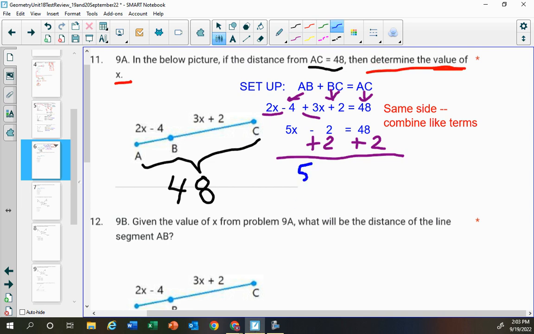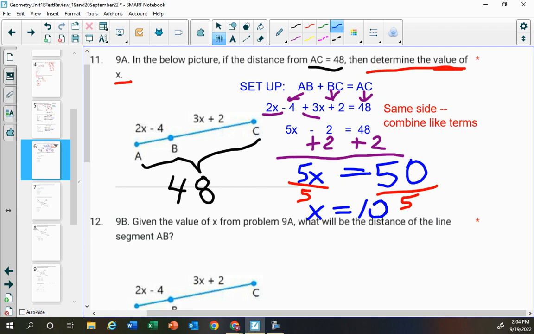Well done. 5x equals 50, divided by 5, and then x is 10. Questions?